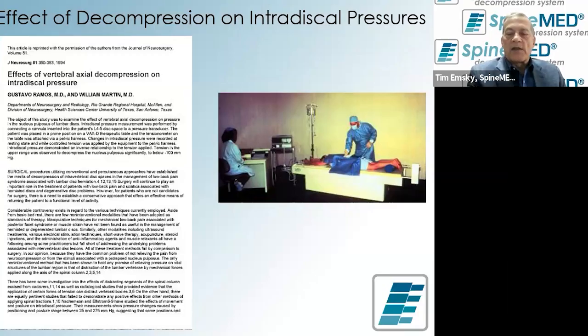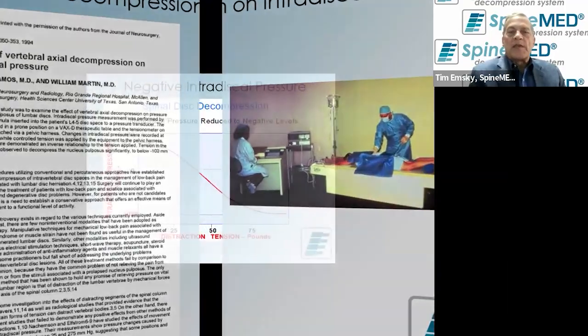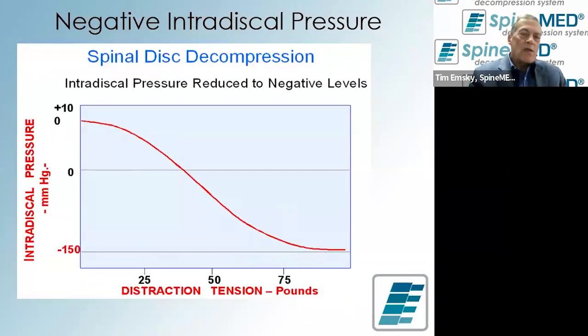They were actually surprised, in speaking with Dr. Ramos. They did not surmise the significant change that they experienced with decompression on VAX-D, in that they were able to measure a reduction of intradiscal pressure into the negative range.